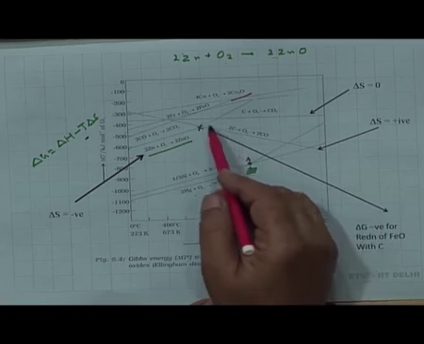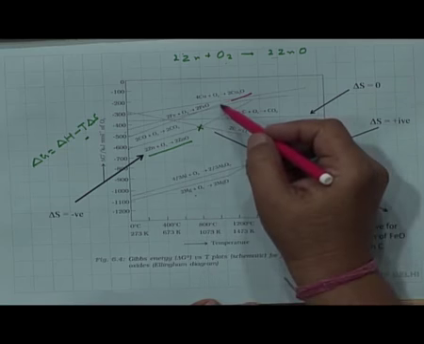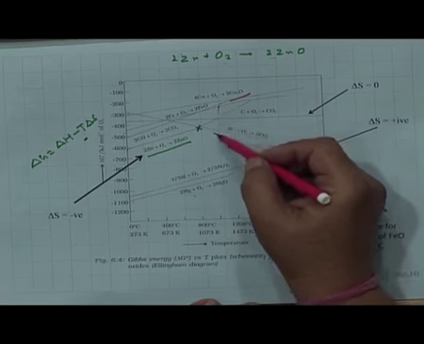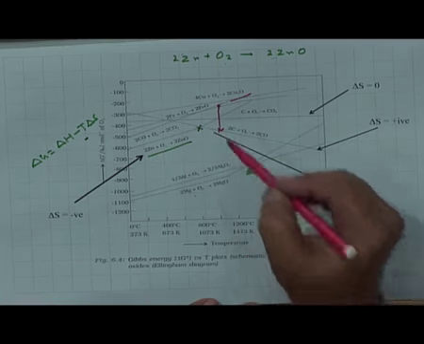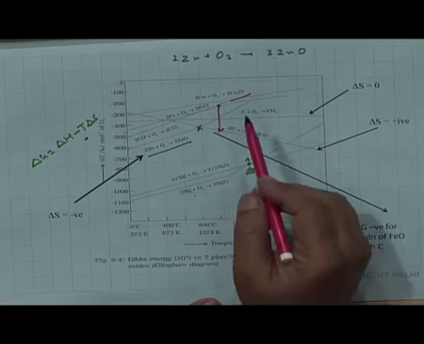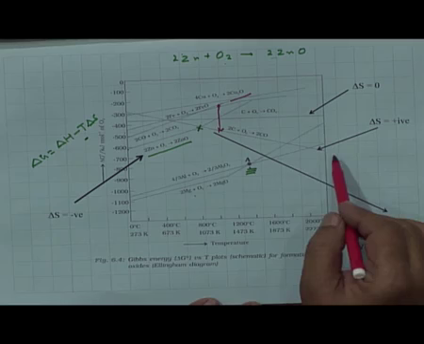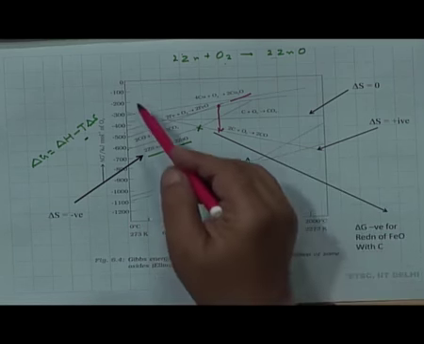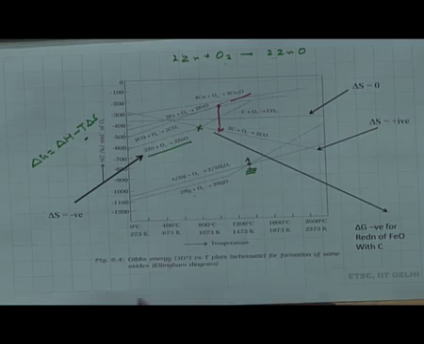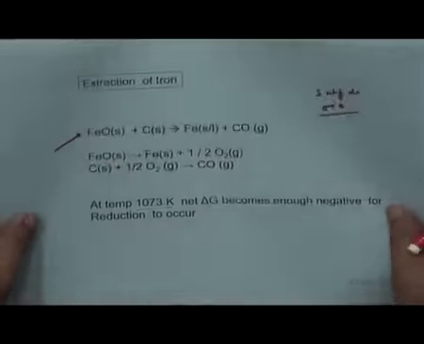But as the temperature increases, this gap between these two plots goes on increasing. So, if you want to reduce iron, carbon is a suitable reducing agent, but you cannot do this at a temperature of say 200 degree centigrade. You have to raise the temperature so that overall delta G is negative.